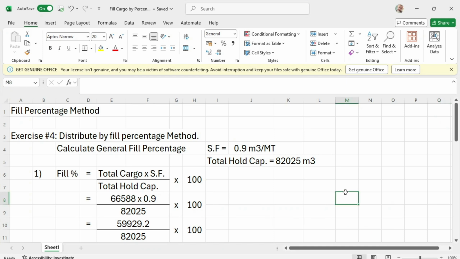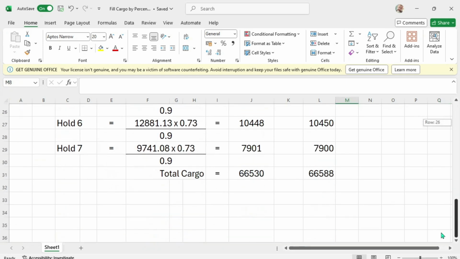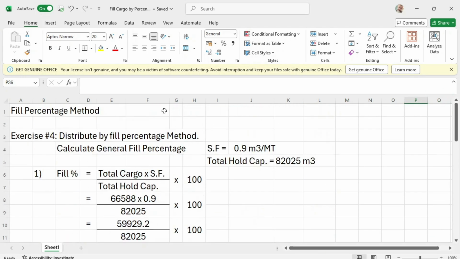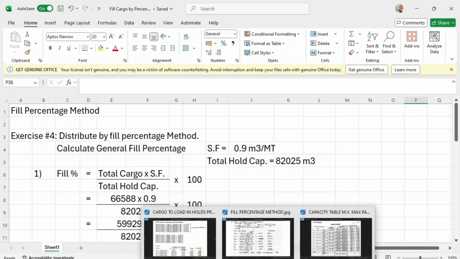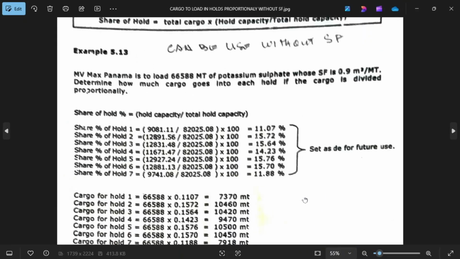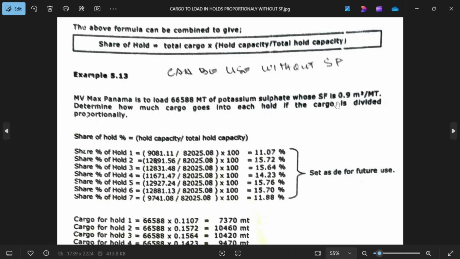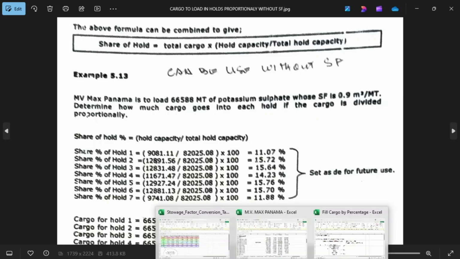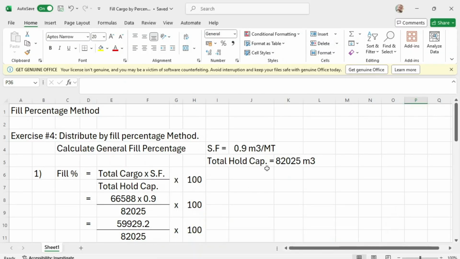Here is the field percentage method, exercise 4, distribute by field percentage method. Calculate general percentage. This is our stowage factor of 0.9 cubic meter per metric ton, and the total hold capacity is 82,025.